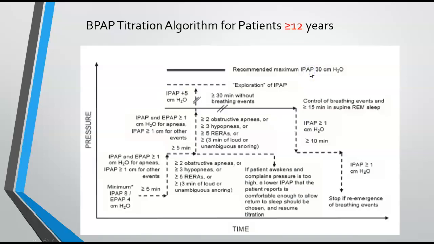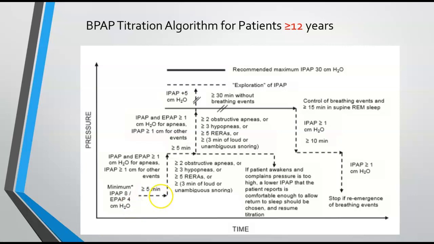What are the BiPAP titration guidelines for patients more than 12 years of age, the adult patients? They are the same guidelines we discussed in the AASM practice parameters. Here we start at a minimum pressure of 8/4 if it is a direct BiPAP titration, the bilevel titration.